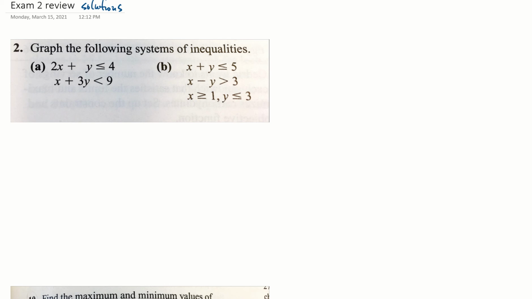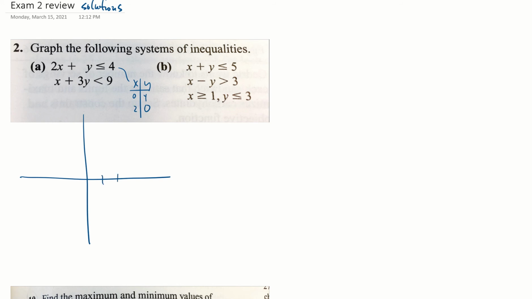All right, graph the following systems of equations. I'm going to do the first one, and it's going to be easiest to make a quick little table because I know they're lines. If x is 0, y is 4, and if y is 0, x is 2.